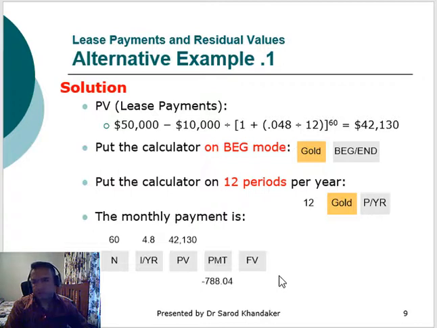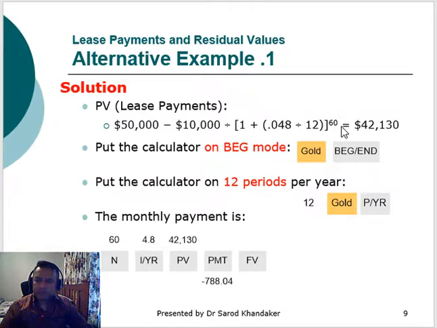So if we use the calculator, in our calculation we use the Sharp EL-735. Just make sure you are using the same calculator or an equivalent calculator for this, and then you can do the calculation. So the present value of the lease payments we need to calculate is 50,000 minus 10,000 divided by 1 plus 0.048 divided by 12, then to the power 60.